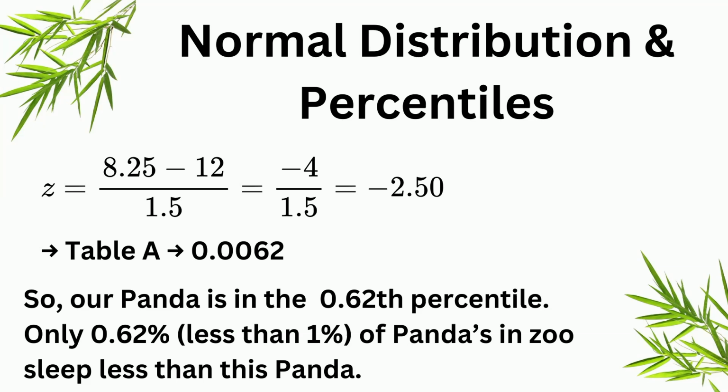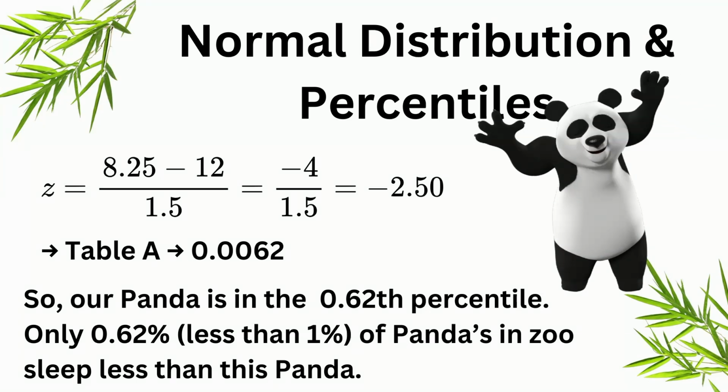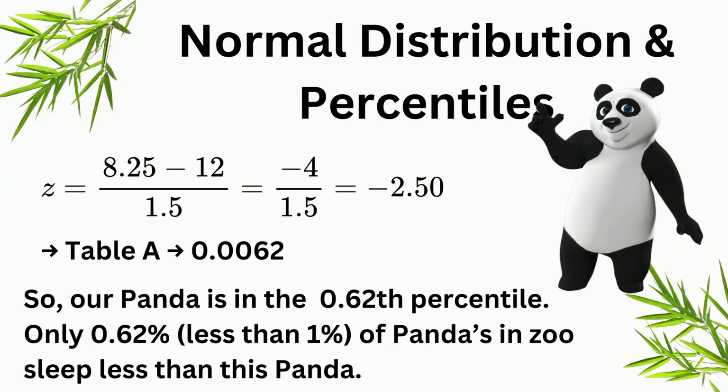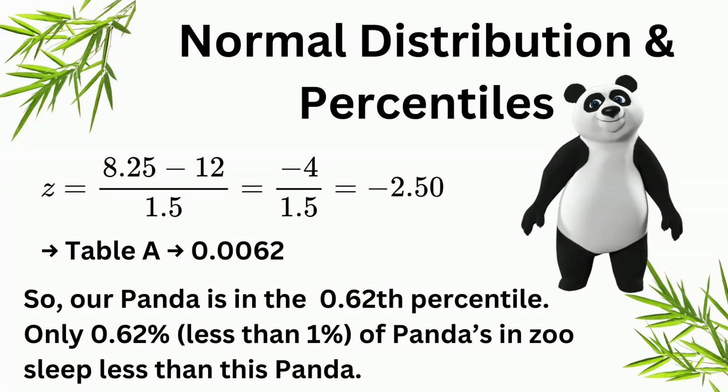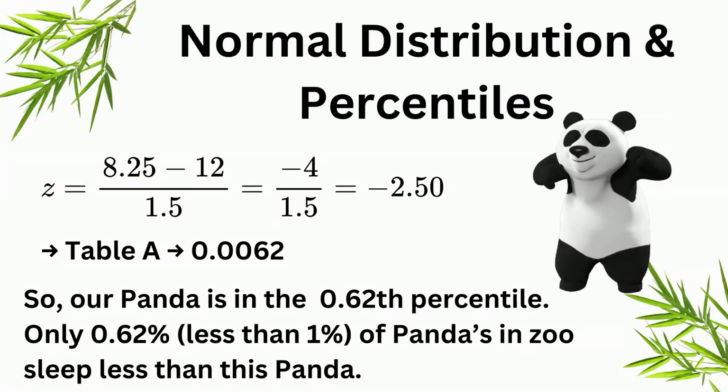When we look at Table A, we find a cumulative probability of 0.0062. So this means that our panda is in the 0.62 percentile. Only 0.62%, which is less than 1%, of pandas in zoos sleep less than this panda.